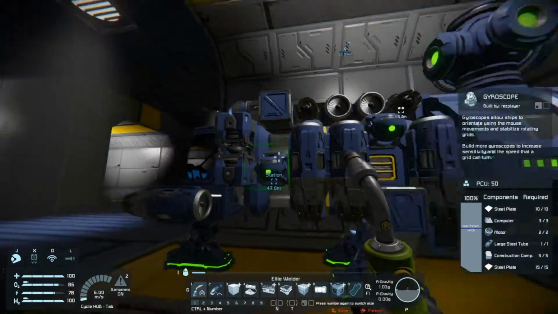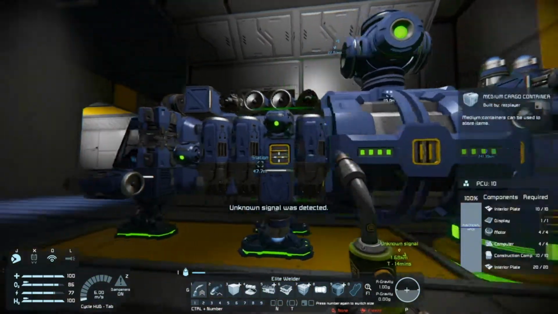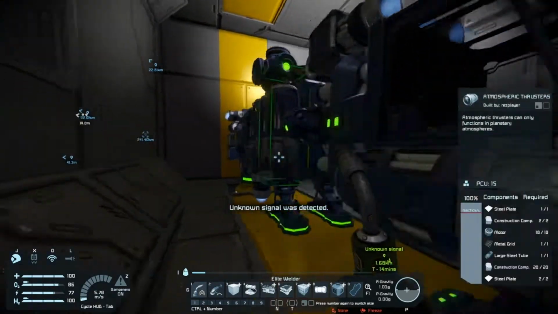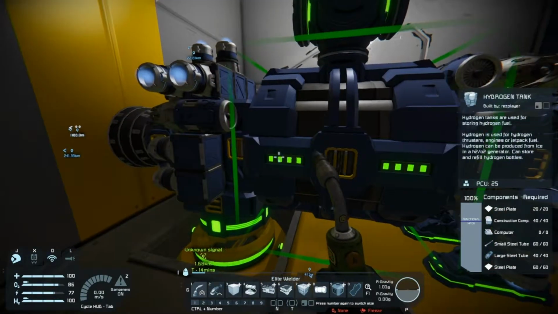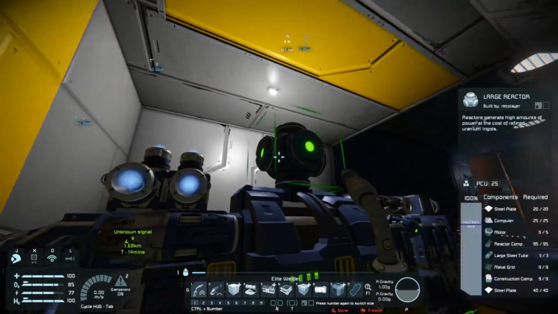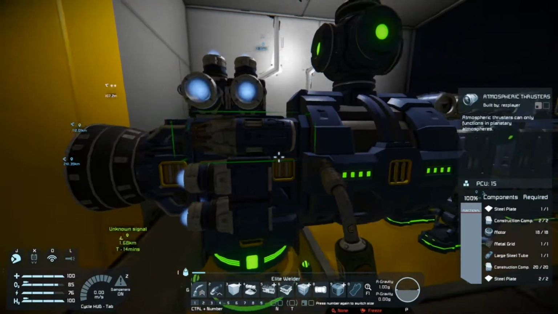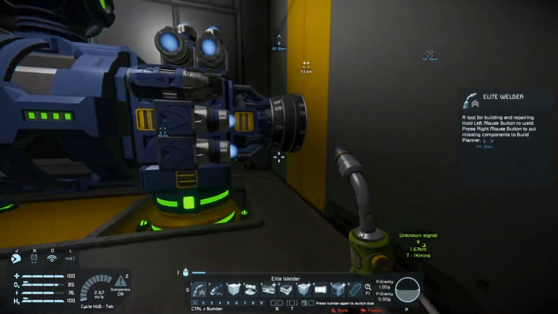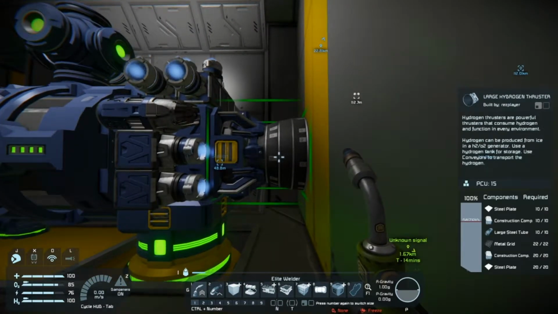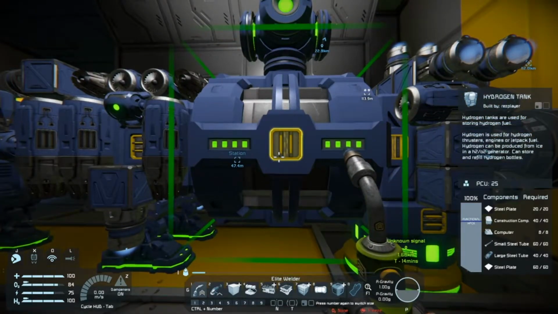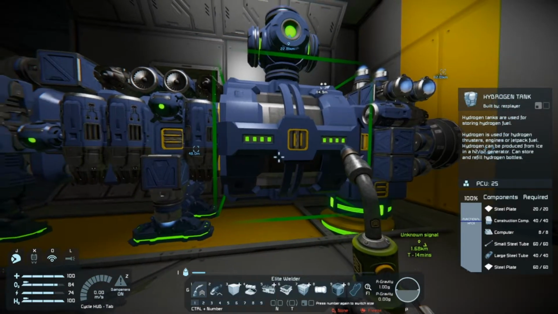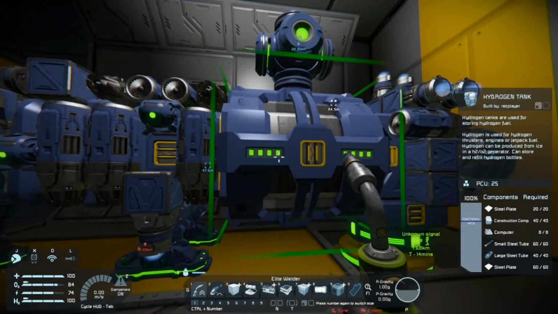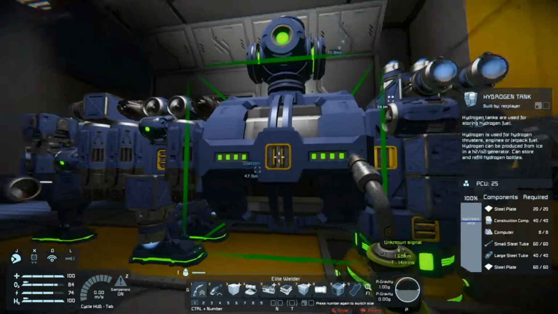Other than that, we have standard gyroscopes and everything else. And let's see if I got everything I wanted to say. The last thing I would like to say about your hydrogen thruster is that you can use it as sort of an afterburner or emergency stop if your ship can take an extra hydrogen tank, which is one of the larger components you can put on a ship.